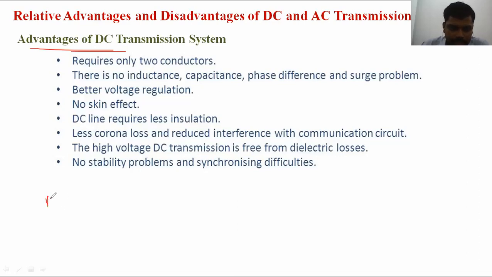In the AC transmission system, we can step up the voltage up to 765 kV. But in the DC, the voltage is constant, that is 25 kV. In AC, the step up and step down is possible, but in DC the step up and step down is difficult.